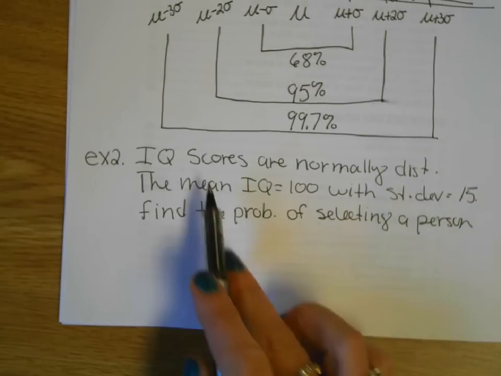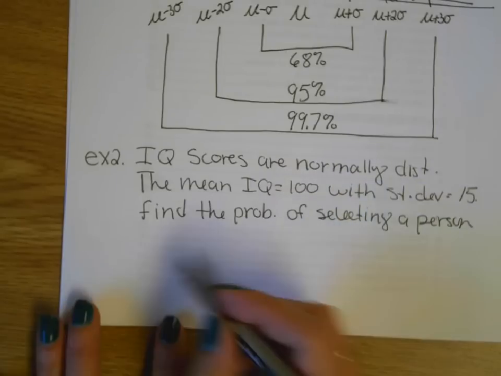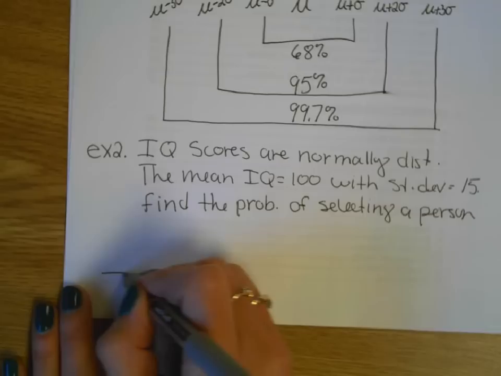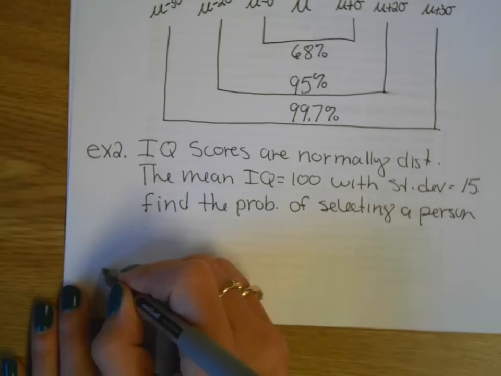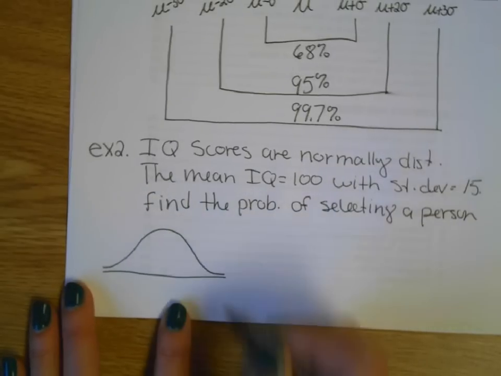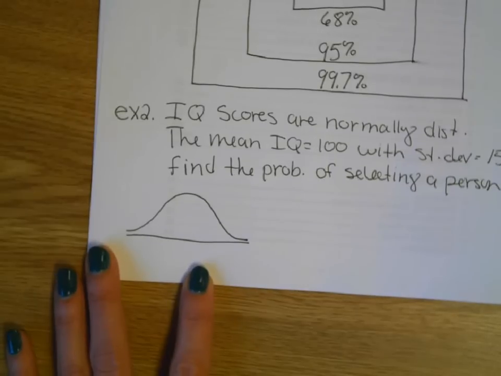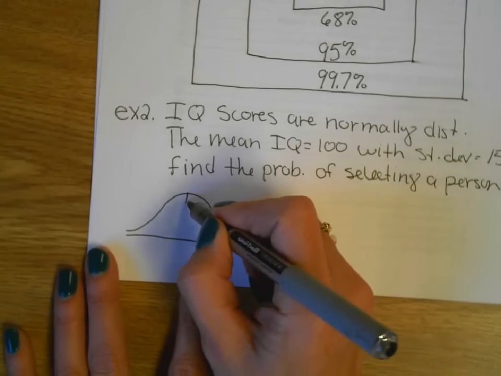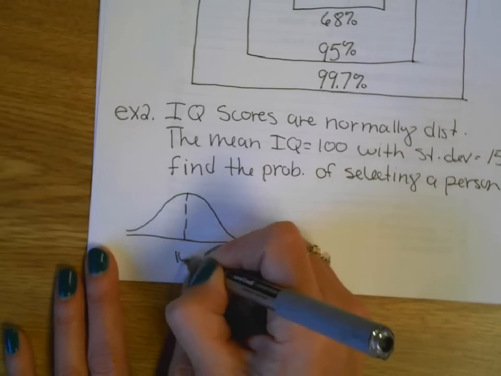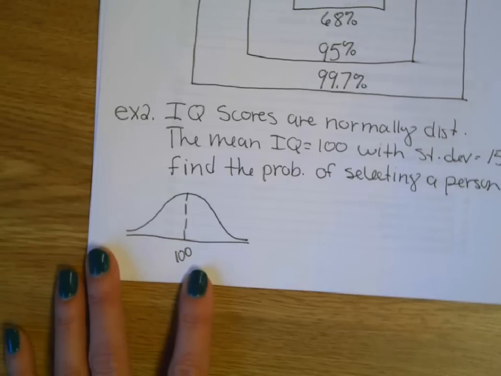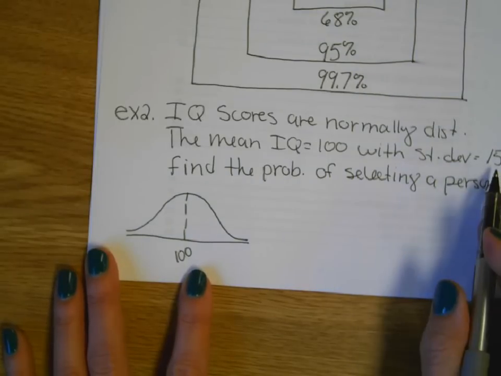So, first thing I told you was that IQ scores are normally distributed. I'm going to draw the graph so we can answer our questions. This does not have to be very big. The average IQ score is 100 and the standard deviation is 15.